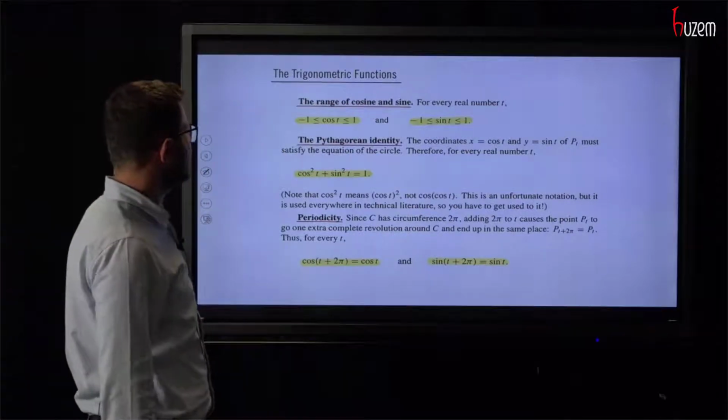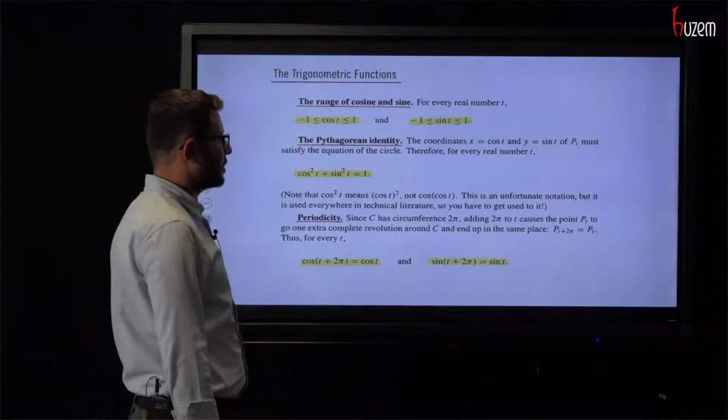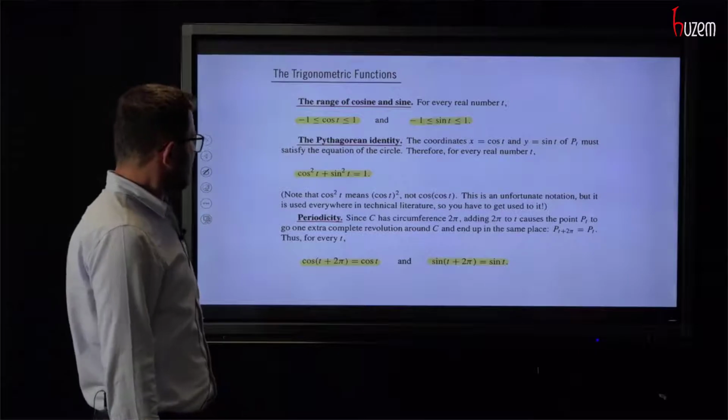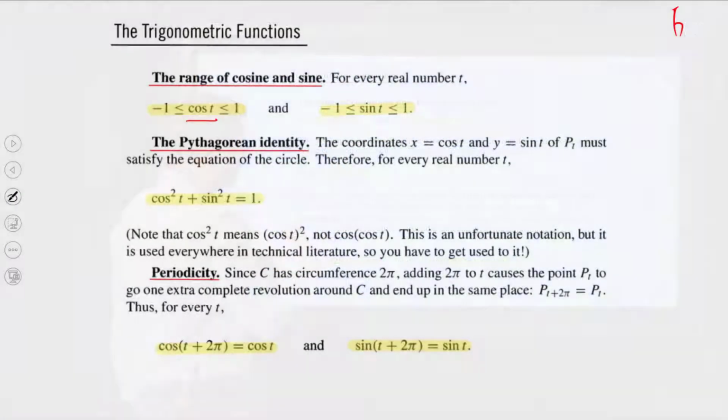What is the range of sine and cosine function for any real number? The cosine value has to be between -1 and 1. Similarly, sine will remain in that interval as well. Why is that so?